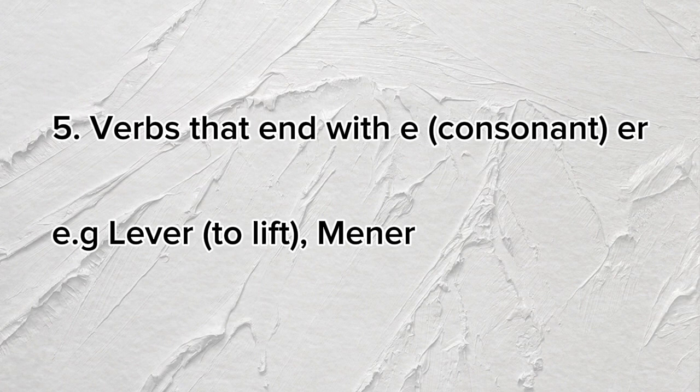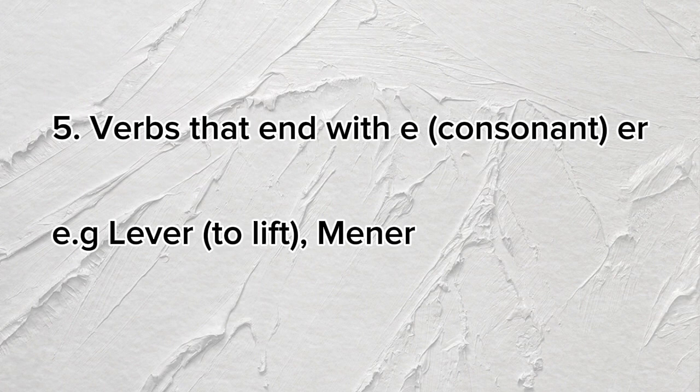Just when you are trying to conjugate, just try and see, okay, what is happening with the nous? What is happening with the vous? It will help you. So, lever, that is to lift. The V between the E and the ER. Mener, the N between the E and the ER.